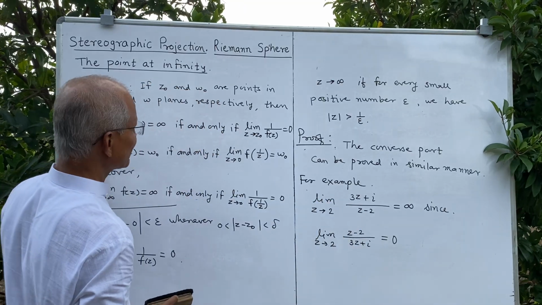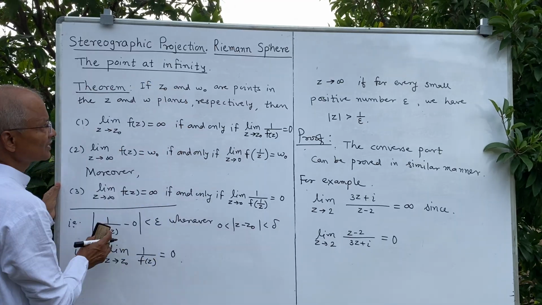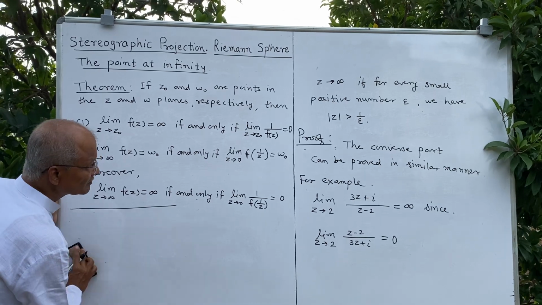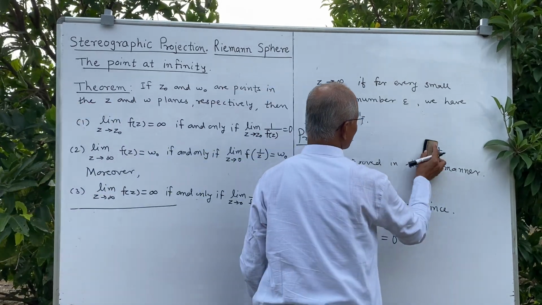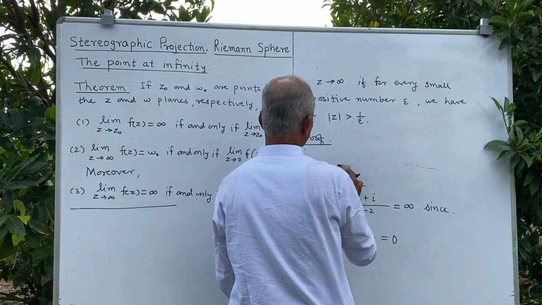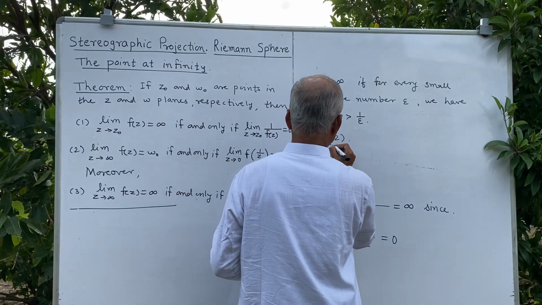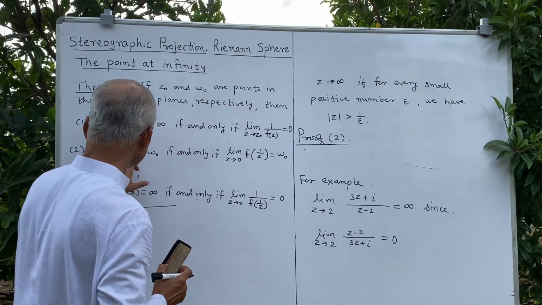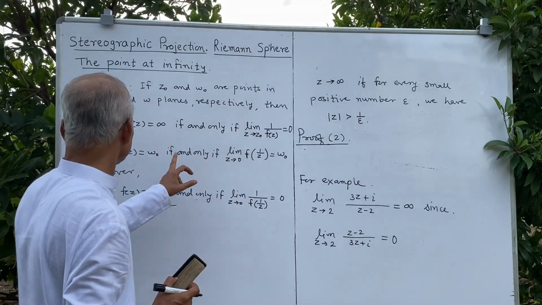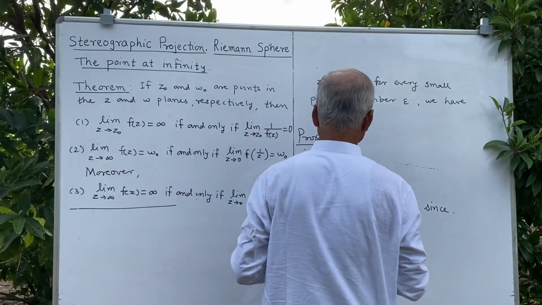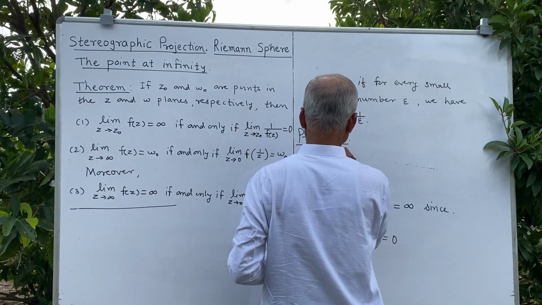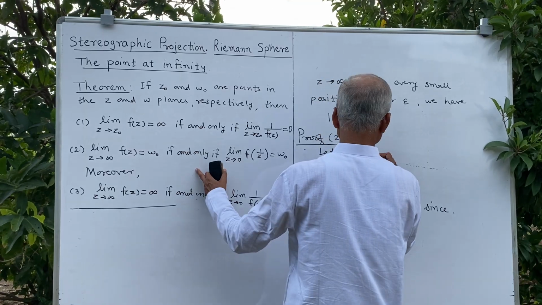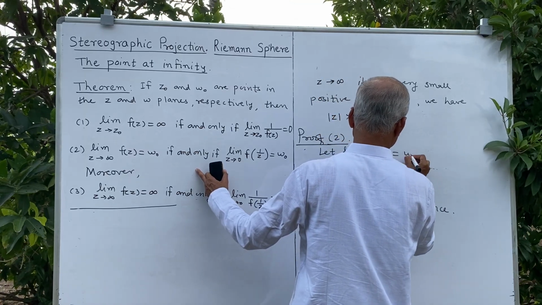Now we consider the proof for the second result. Proof of 2. We shall again show that the first statement implies the second statement. Consider the limit as z tends to infinity of f of z equal to w naught.